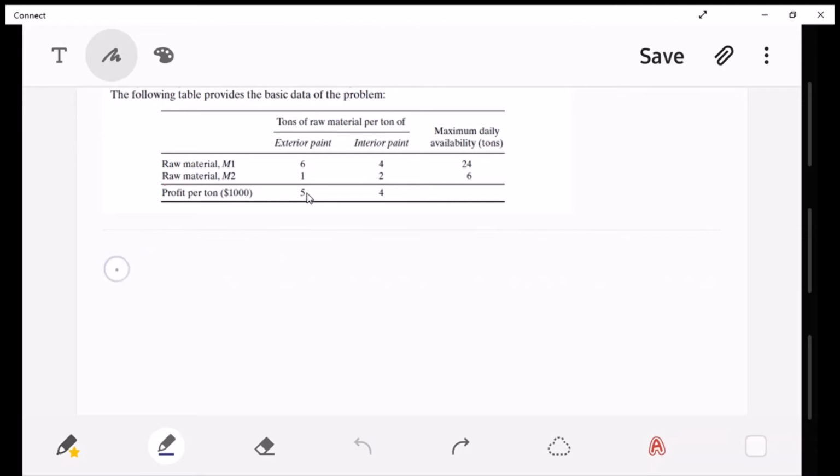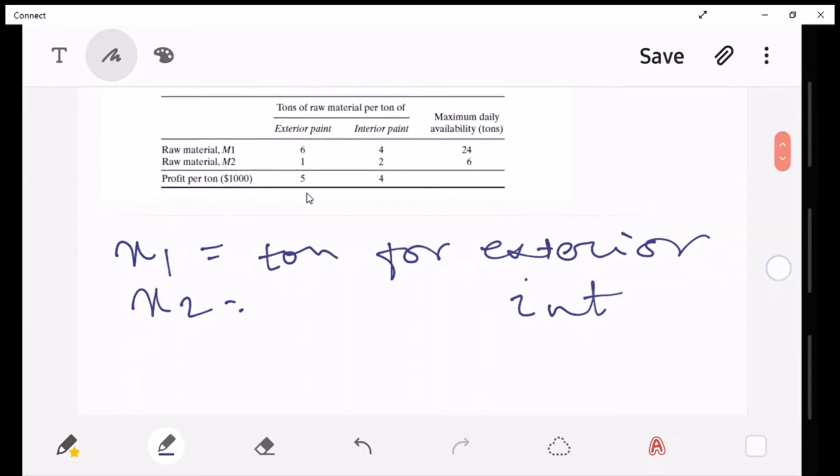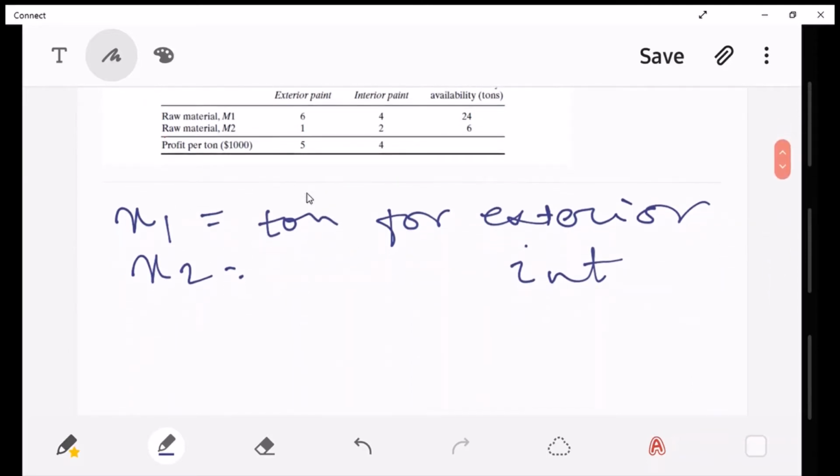So let us assume that x1 is the number of tons produced for exterior and x2 is the tons produced for interior. Now our aim is to maximize the profit.